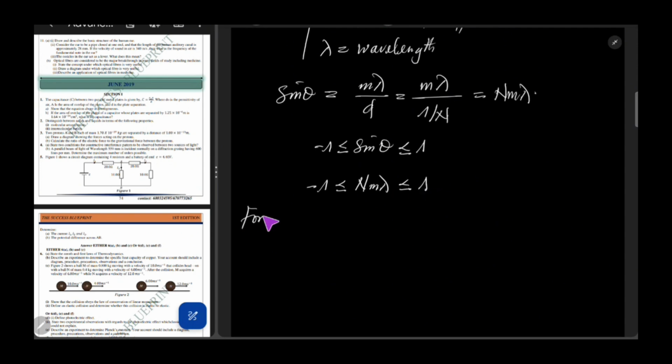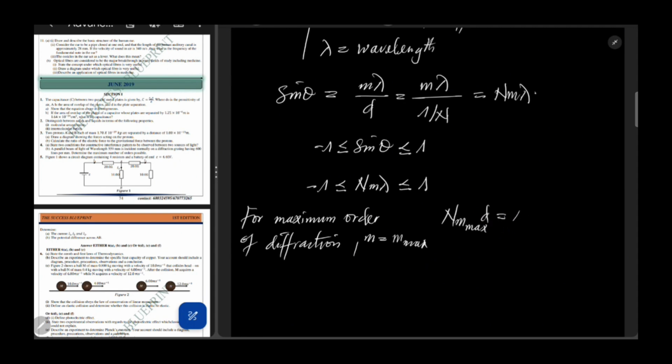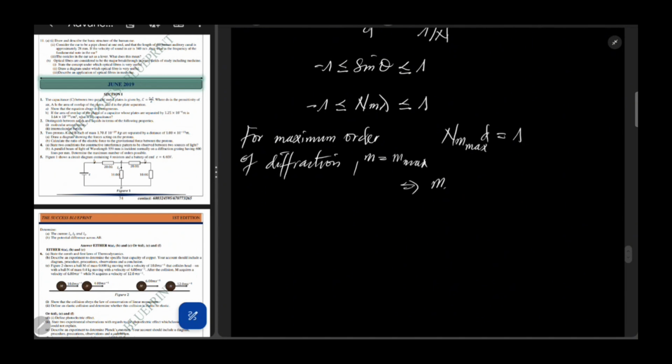Now, for maximum order of diffraction, that is when m is equals to m max, we have that m max n lambda will be equals to 1, since the maximum value occurs at 1. So m max is equals to 1 over n lambda.